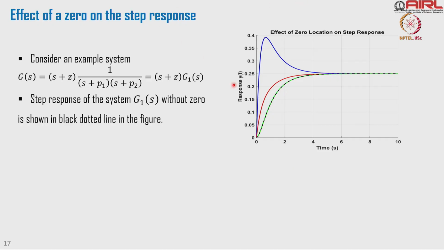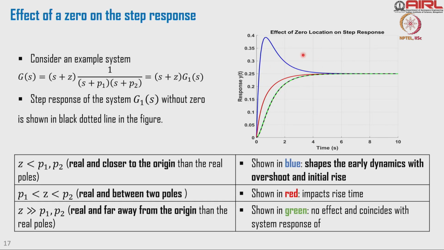Now, the transfer function we picked up has only poles, there is no zero. But if a zero comes into the picture, it also affects the response. A zero affects the kind of transient behavior that we could get. So we try to look at it: if the zero is real and close to the origin, or if the zero is real but between two poles, or far away from the poles, what will happen?